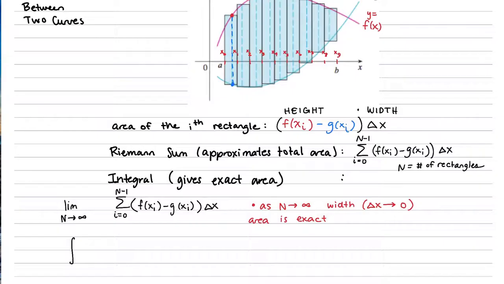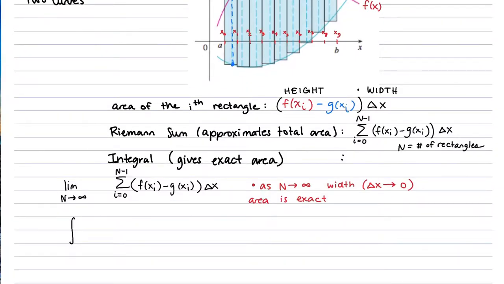But as you'll notice, we're finding the area from a to b. So they would put the limits, which is where you start your rectangles and where you stop your rectangles. And then you put your f of x minus g of x. And your delta x going to 0 is represented by saying that you will be integrating with respect to x. So this is where this notation came from, and this is what it means.